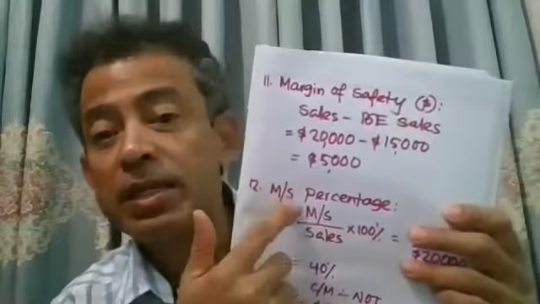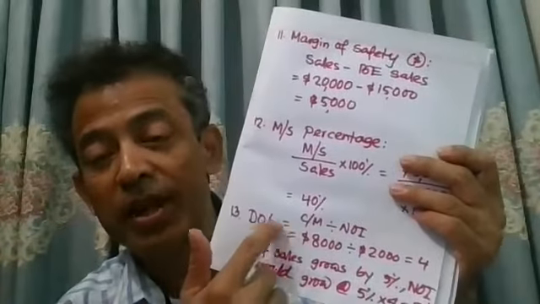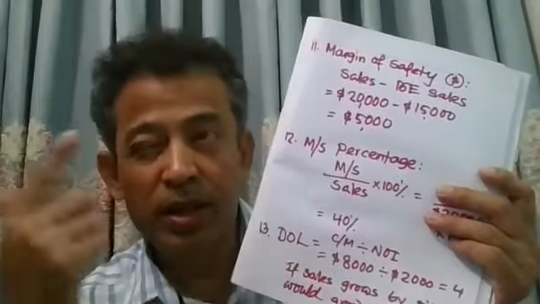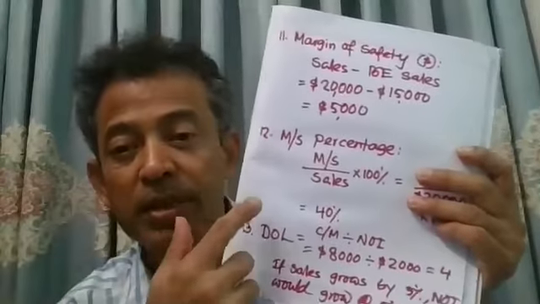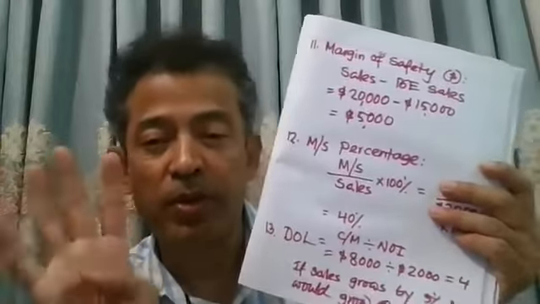But there's a much easier, much smarter way: DOL at any particular level is contribution margin divided by net operating income. Our contribution margin right now is $20,000 minus 12, which is $8,000, and operating income is only $2,000. That means we have a degree of operating leverage of 4.